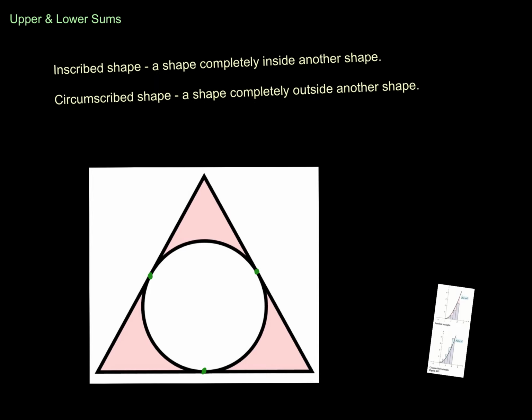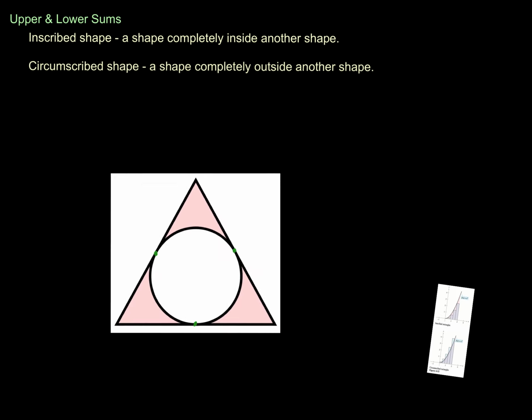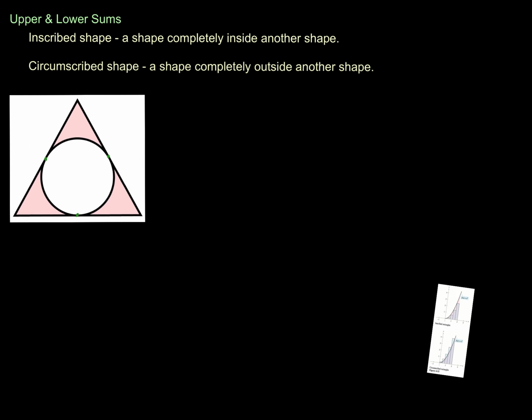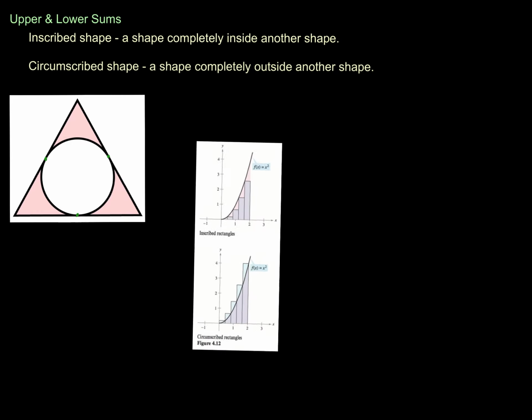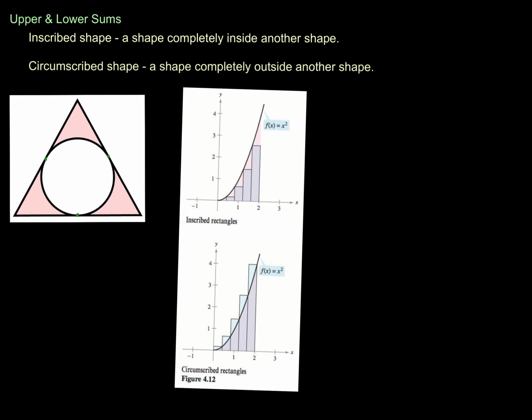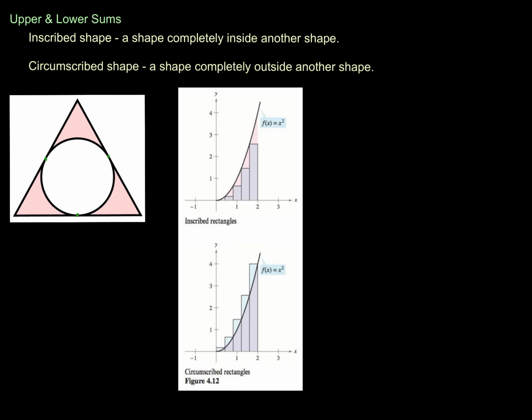Now regarding Riemann sums and rectangles, let's look at this example right here. This is f of x equals x squared. We're all familiar with that graph. We were talking about left and right Riemann sums, and it all depends on the curvature.